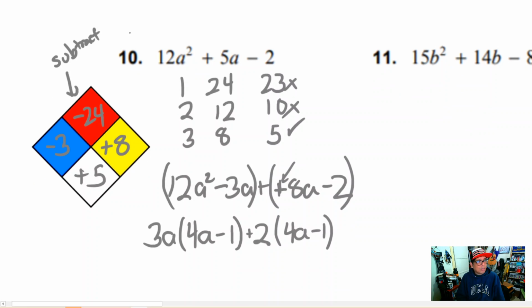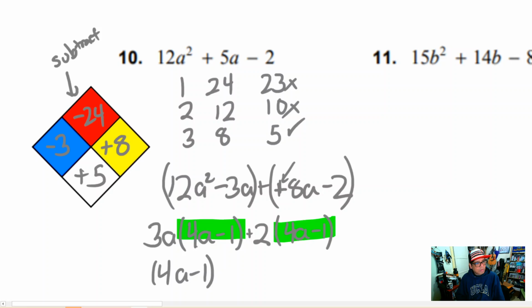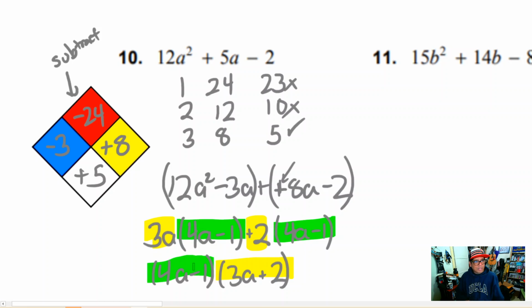Now taking a look at that, I've got the common factor of 4a minus 1, and then I have the leftover pieces of 3a plus 2. Let's color code this so we can see how that came about. There we go. So that's number 10.